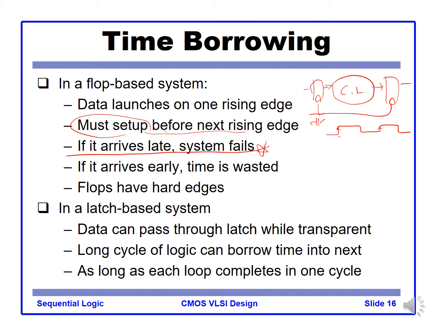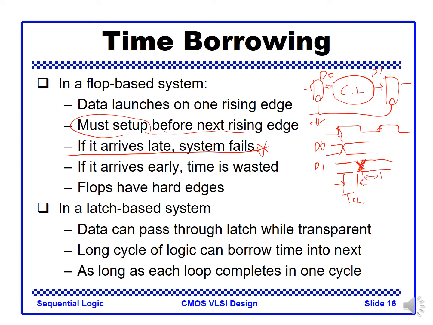But if it arrives too early, then the time is wasted. For example, when the clock comes in, D0 and D1 come out through some combination logic delay, TCL there. From this point to the next rising edge, there's no activity here.